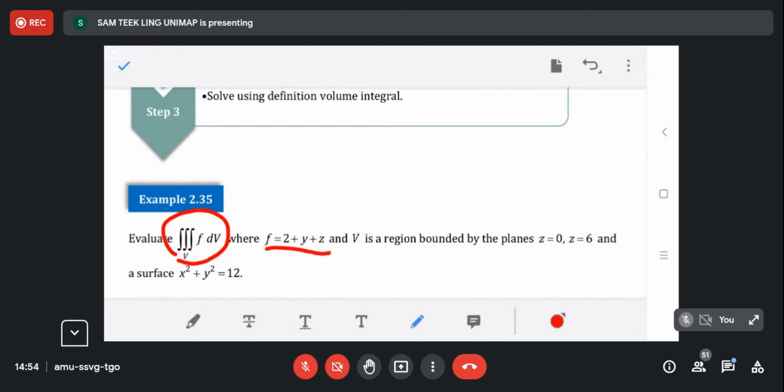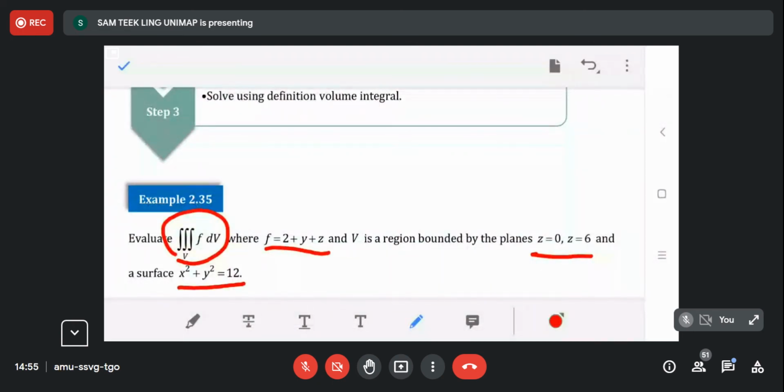F is already given, no need to find. So V is bounded by z equals 0, z equals 6, then x power 2 plus y power 2 equals 12. This is the basic cylinder shape equation.